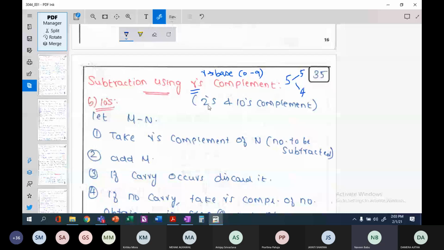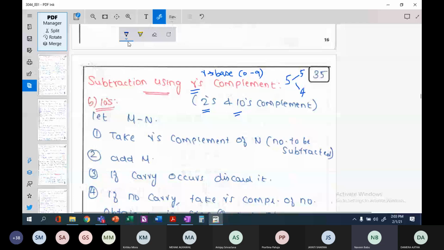As a general rule, what is the procedure to do subtraction using R's complement? I am giving you a general method. As far as we are concerned, we are more interested in the two types of complement where our base is either binary or decimal.